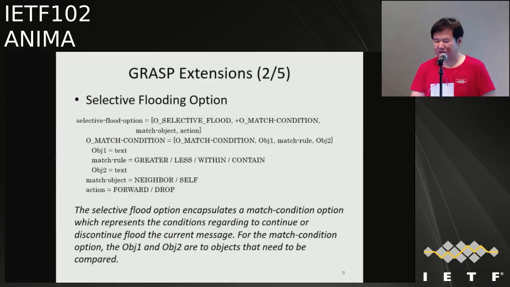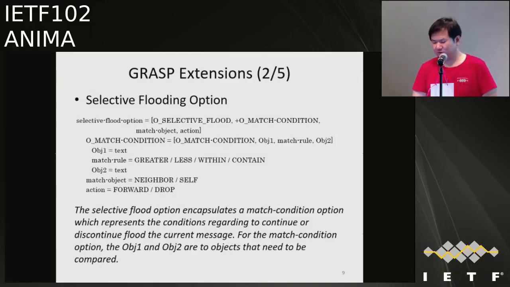Then there's an option defined called selective flooding. This could be encapsulated in the flood message to indicate whether this message is suitable to propagate to other nodes or should just be dropped at the current node. We also define a sub-option called the match condition option.